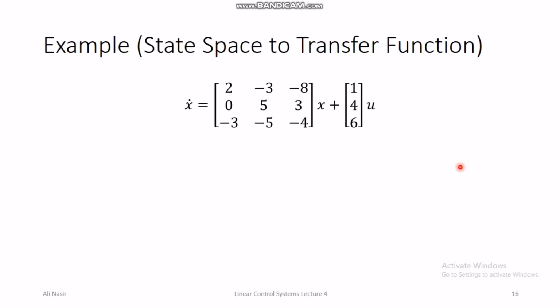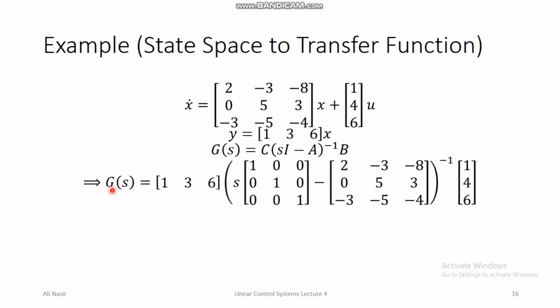For example, if we are given this state space, notice that this state space is not in the standard controllable canonical form, so you cannot convert it back to transfer function just by looking at the coefficients. So you have to use this formula, G is equal to C into sI minus A inverse B. Here in this case, C is 1 3 6, s is just the Laplace variable, I will be the identity matrix of 3 cross 3, which is the same size as A. This is A. We'll take the inverse of it and multiply it with B. Notice that after all this multiplication, this whole term will be just a scalar.